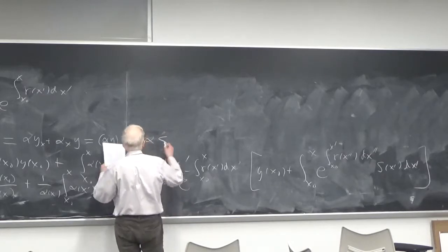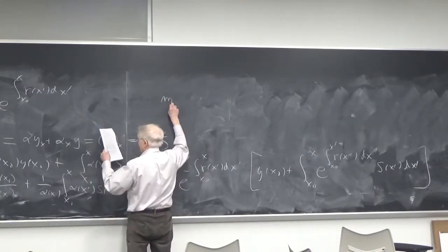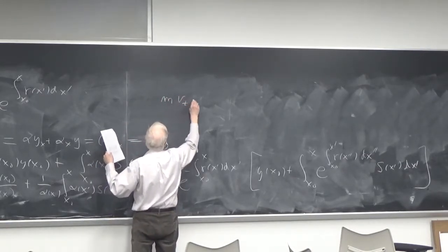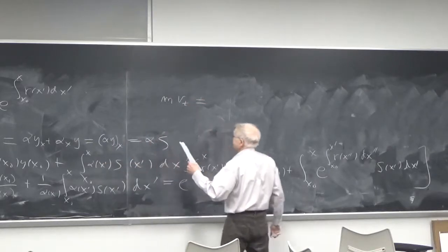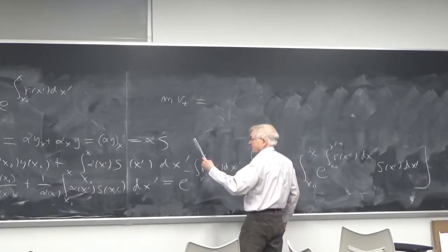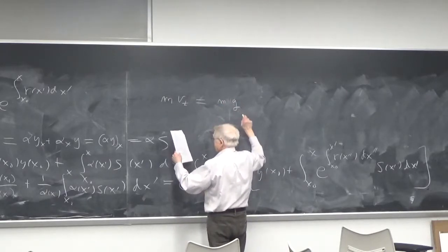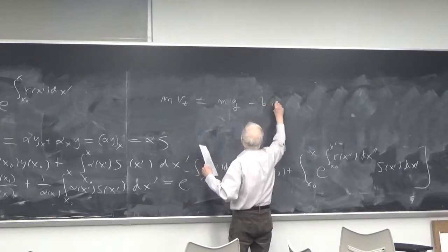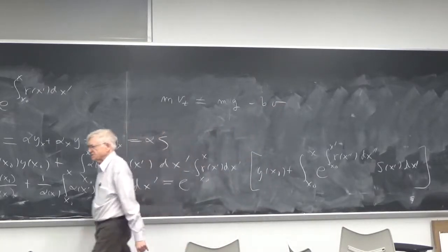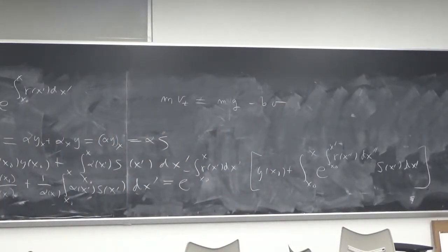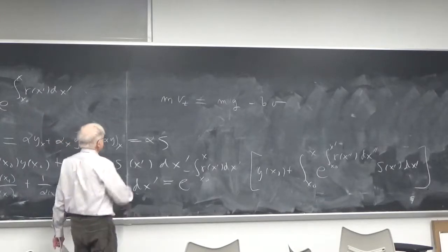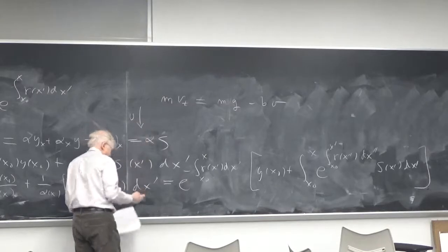Newton's law for a falling body is the mass of the body times the time derivative of the velocity, which is, say, the acceleration, is the gravitational acceleration minus an air resistance term times the velocity. This is the velocity going down, so V was directed this way.